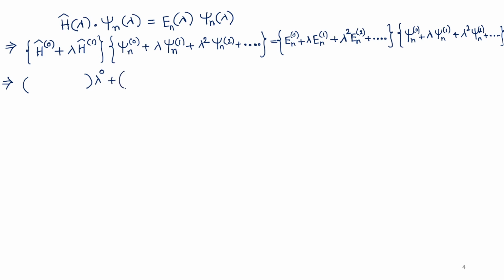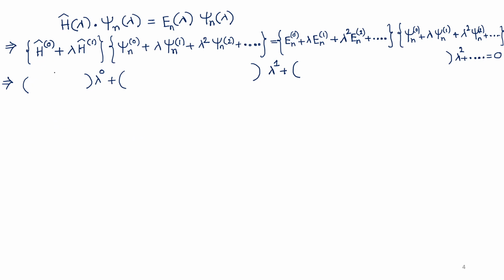Then I will write something which will have lambda to the power 1 in common. Then something which will have lambda square in common, and it will go on in such a way that it is going to give me 0.